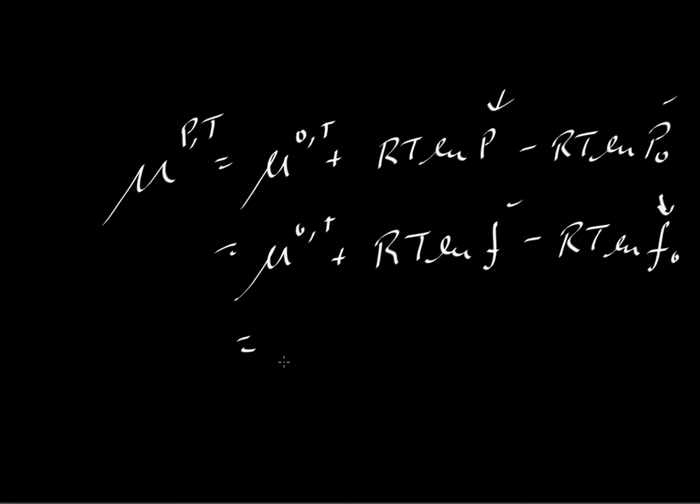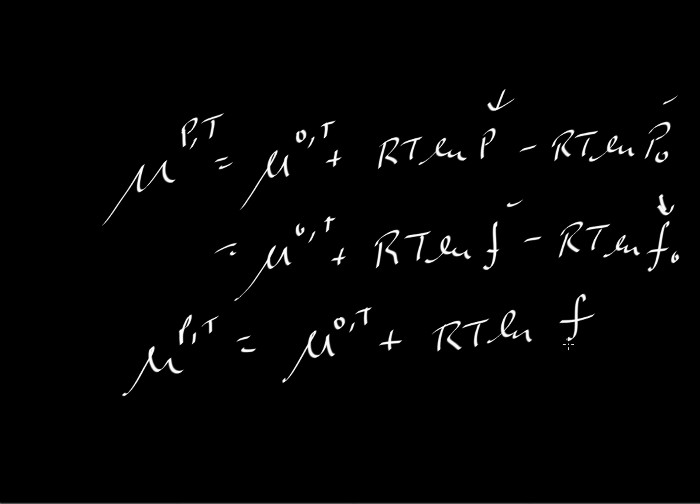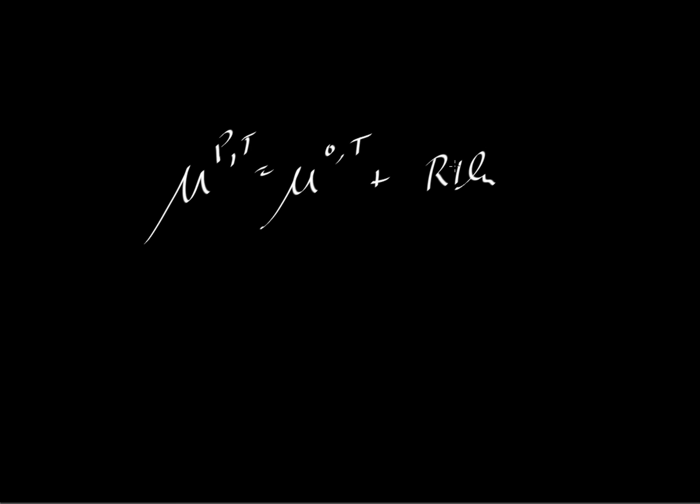Let's go back and combine those terms. So we can have mu at P and T, and then that's equal to mu naught at temperature plus RT ln F over F naught, where F naught is referring to the fugacity at some standard state. Let's just call all of this equal to A. So the chemical potential at pressure and temperature is the chemical potential at temperature plus, oh, we forgot the T, RT ln A, where A is the activity.